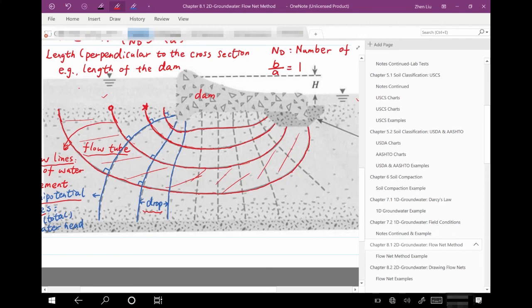Water cannot move through it. If water moves along that line, that means it's going to be a flow line. So this is also a flow line. Make sure you can understand this. This is something called a boundary. This is a flow line because water cannot move through it.